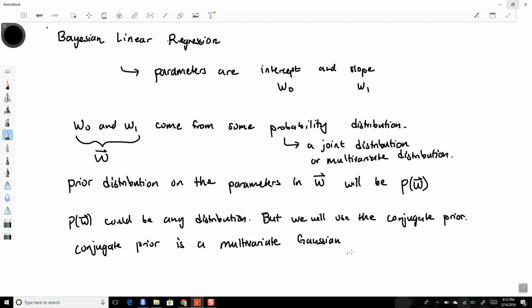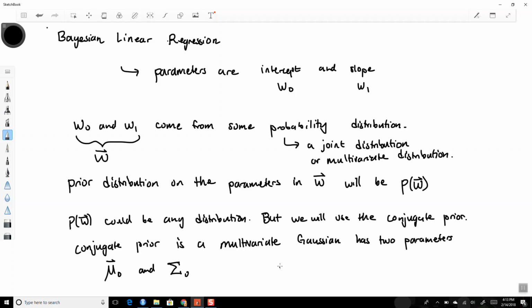And so a multivariate Gaussian has two parameters, which are going to be your mu vector and your sigma matrix, okay? And to say that they belong to the prior distribution, we'll call them mu sub 0 and sigma 0.